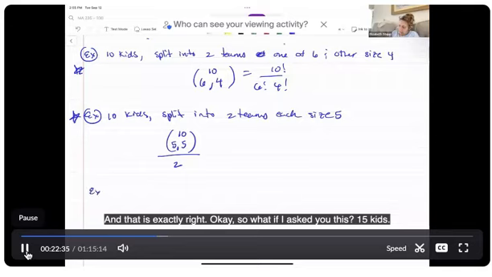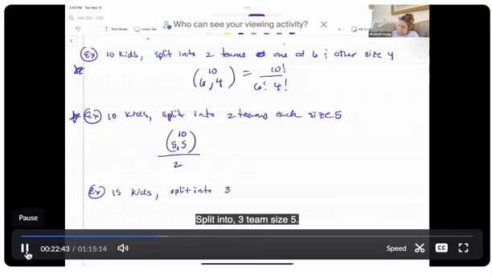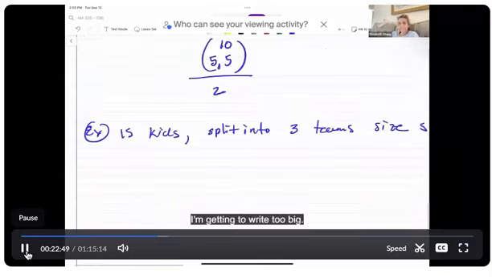Okay, so what if I asked you this? 15 kids split into 3 teams of size 5.